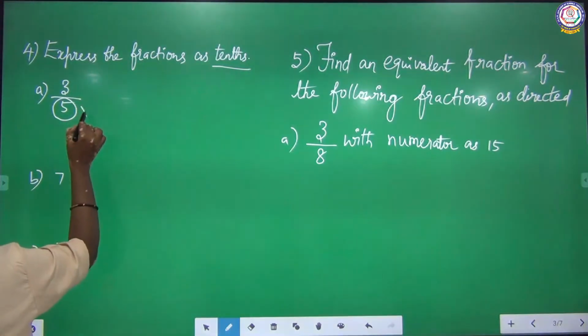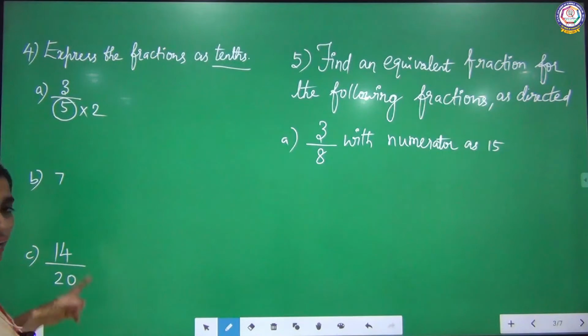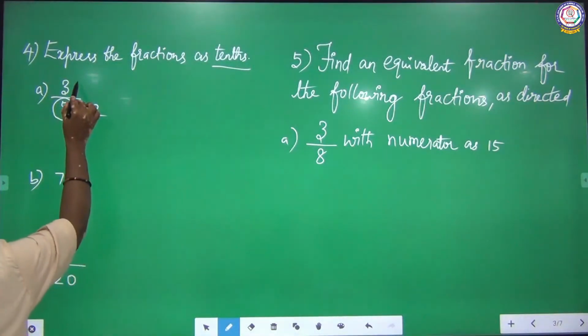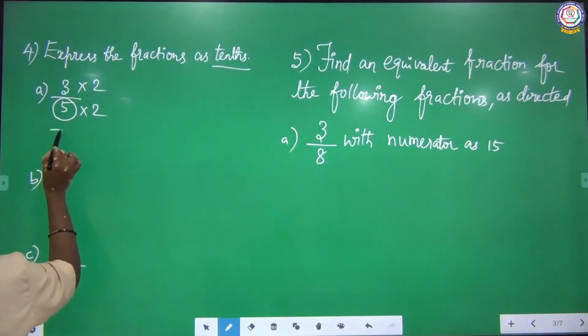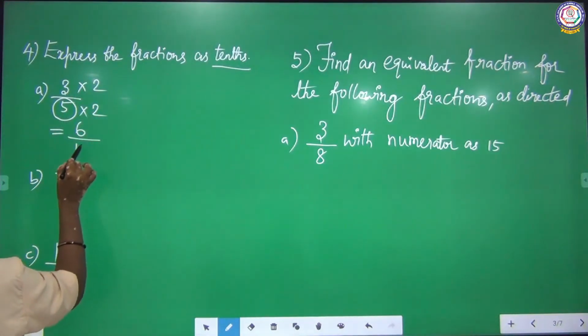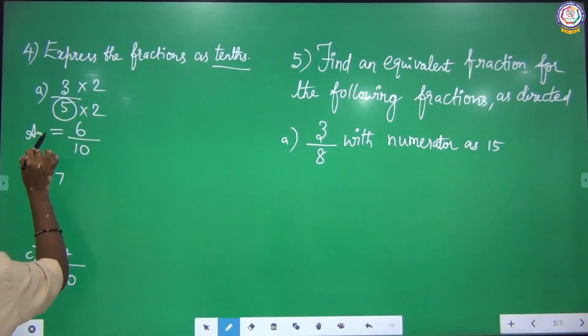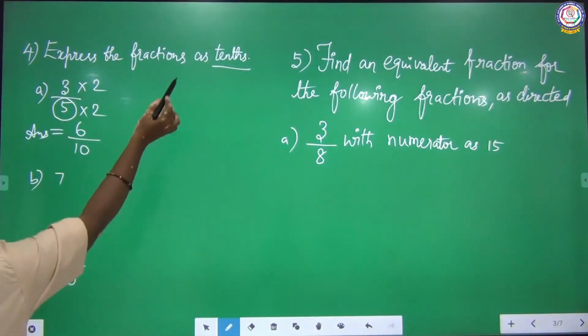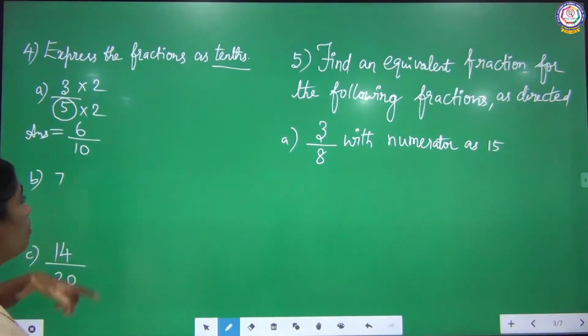So if I multiply by 2, I can get 10 in the denominator. The same thing also I have to do in the numerator. So the answer is 6 by 10. Now listen, in the denominator you are having tenths? Yes. Can you clear this?